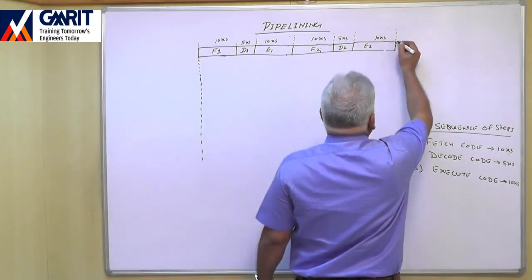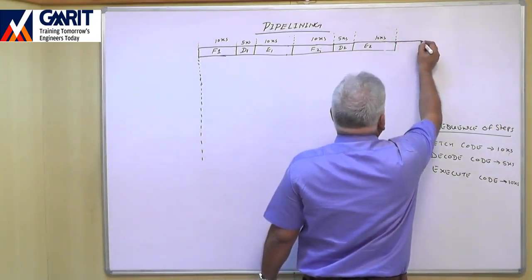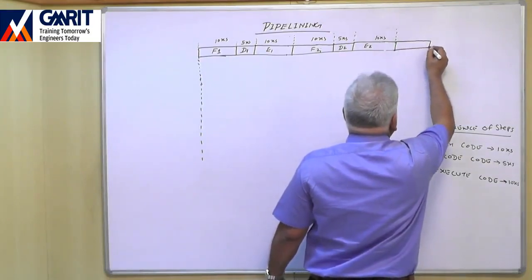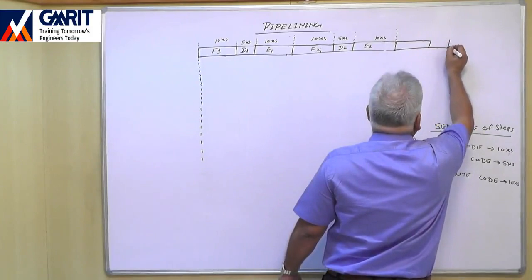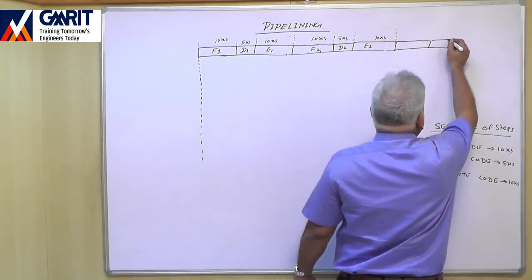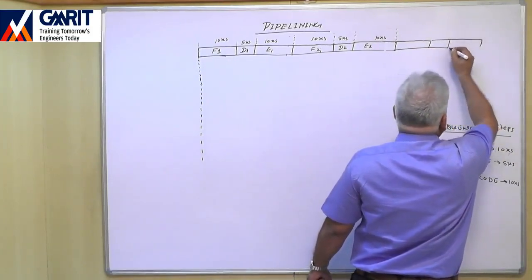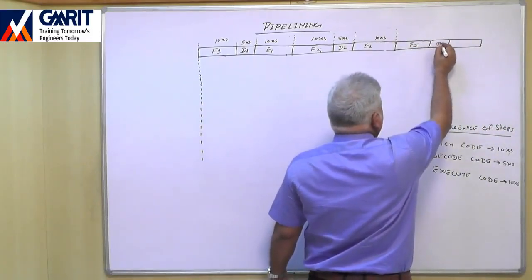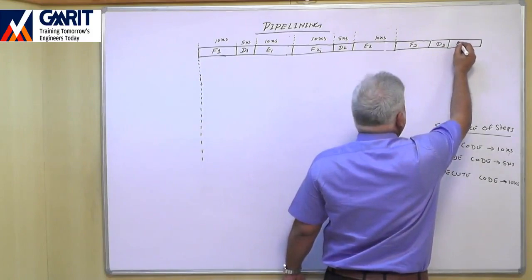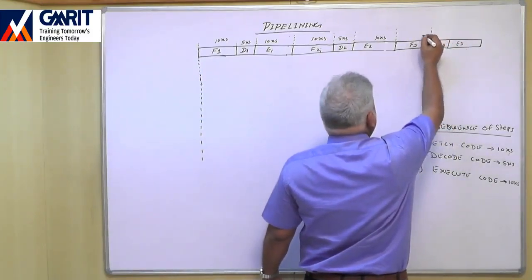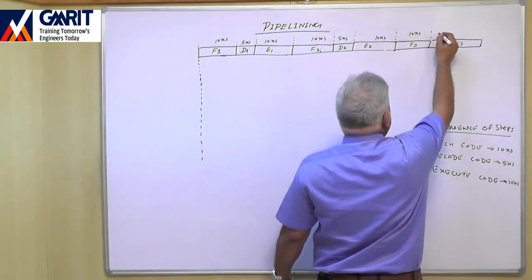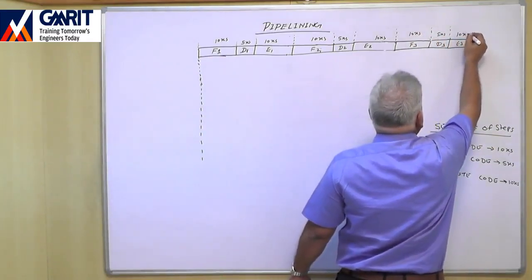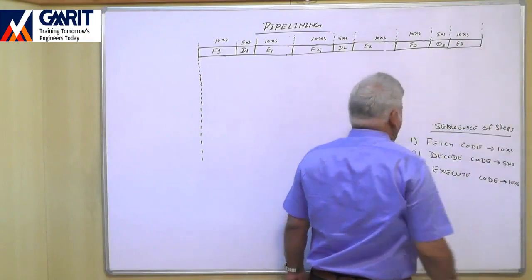Then again it will fetch, then decode, then execute the third code. So F3, D3 and E3, taking 10 microseconds, 5 microseconds and 10 microseconds.